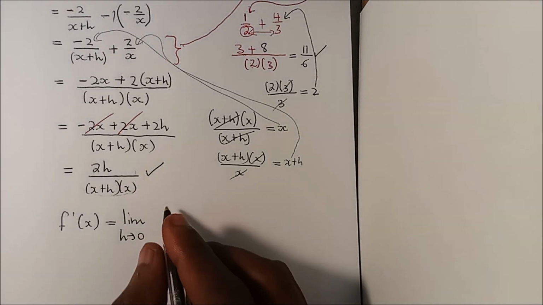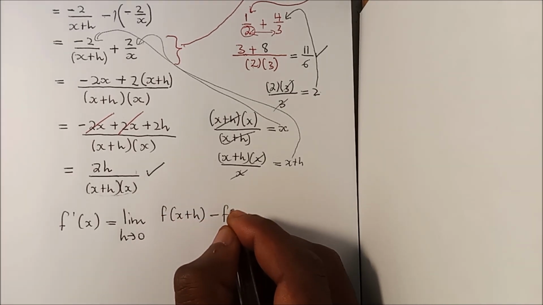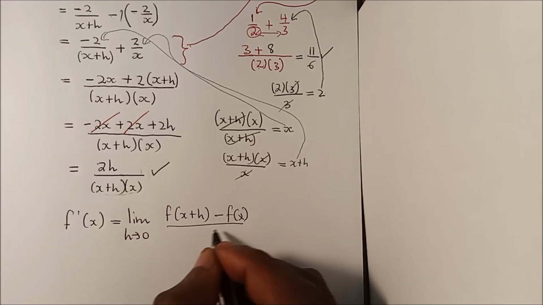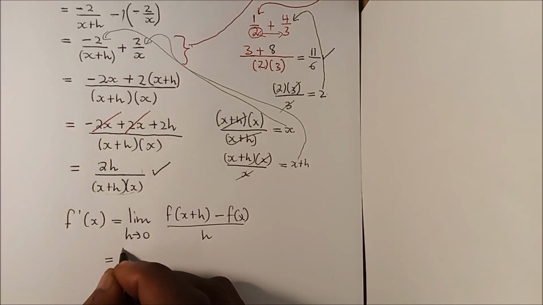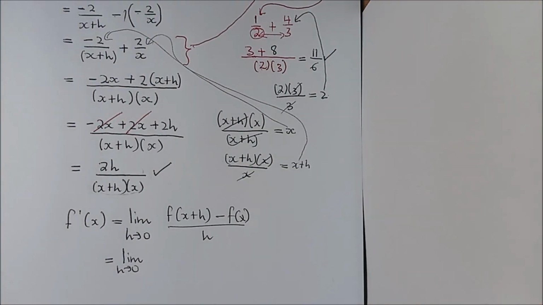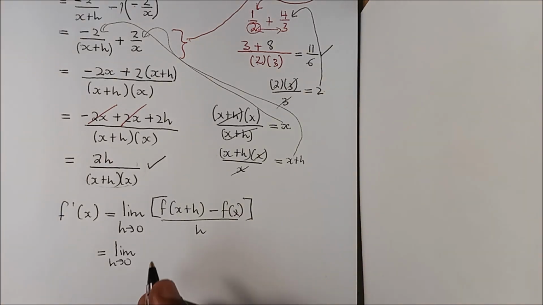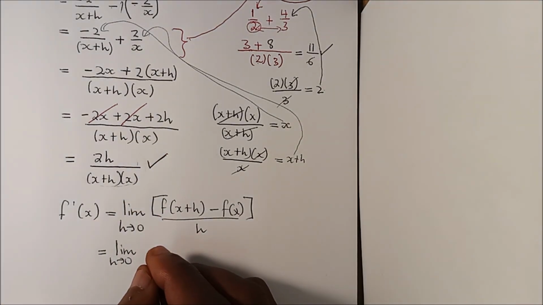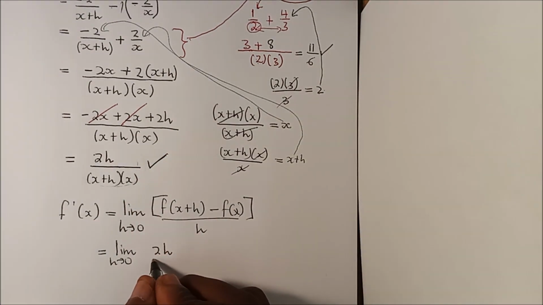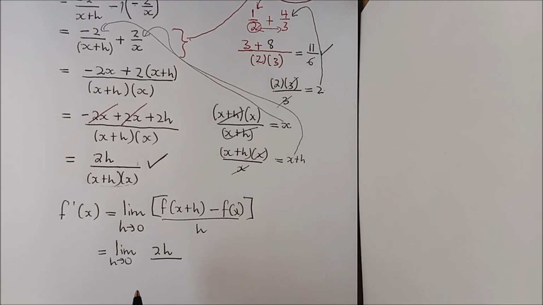Let me write the formula. Remember, you don't forget the limit as h goes to 0. Now this part here is equal to this one. That part is 2h over, I'm trying to see if I did not make a mistake.